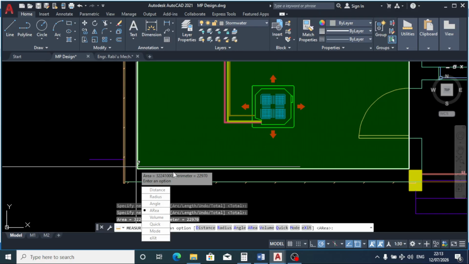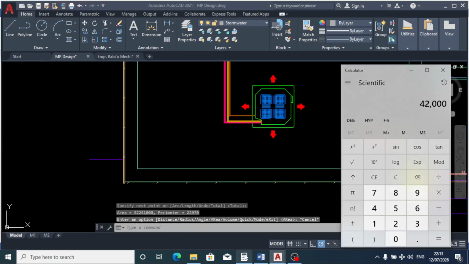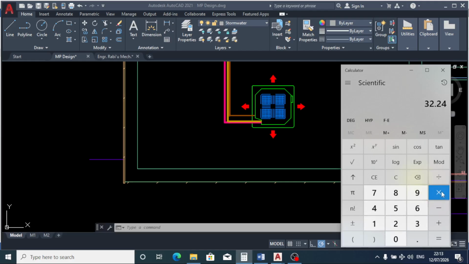So the floor area for this staff room is 32.24 meters squared, times 1,785 BTU, right? We are having 57,548 BTU.